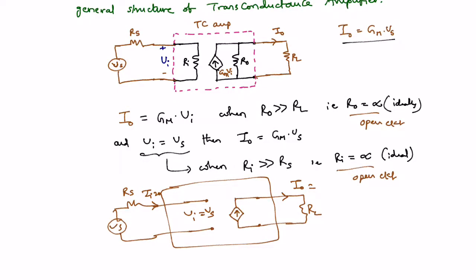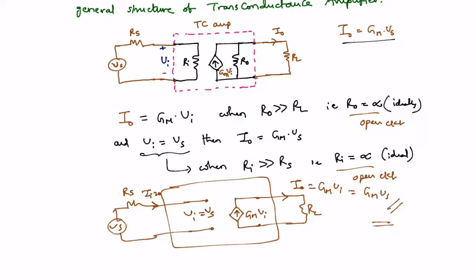This effective input signal is multiplied by the gain, giving Gm times Vi, that is Gm times Vs, and as there is no output resistance loss, I naught equals Gm times Vs. The applied input voltage is multiplied by the gain of the transconductance amplifier. This is the good transconductance amplifier.